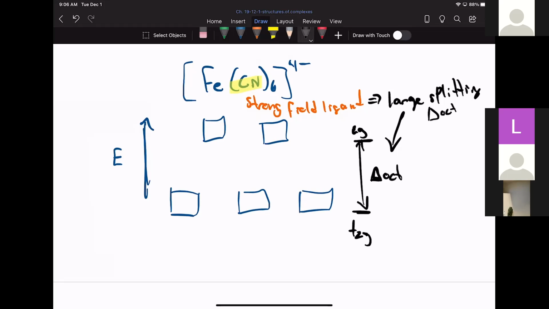But because of this splitting, we're just looking at the d orbital. Iron has 6 electrons in that d orbital. So in order to fill up these orbitals, we have to take into consideration this large splitting.